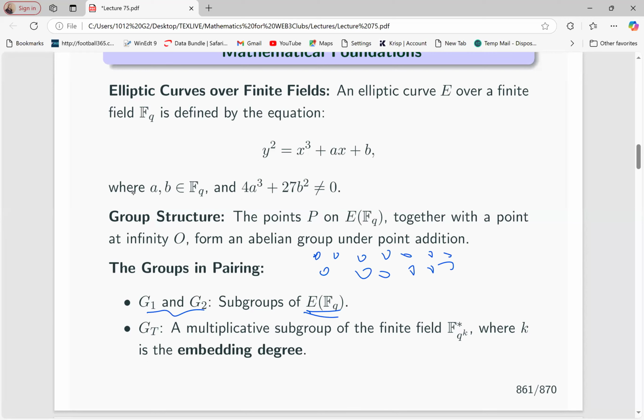This elliptic curve has several points, and so you're saying that the first group could be a subgroup of this, and maybe the other one is that. So it's a subgroup of the entire group, and you're saying that they are additive groups. And this one should be a multiplicative group.